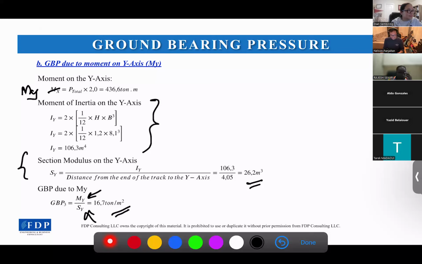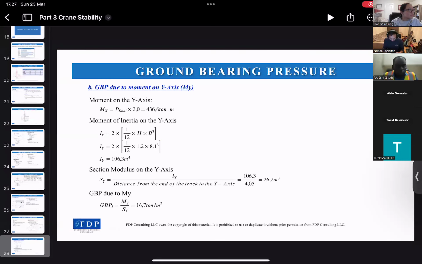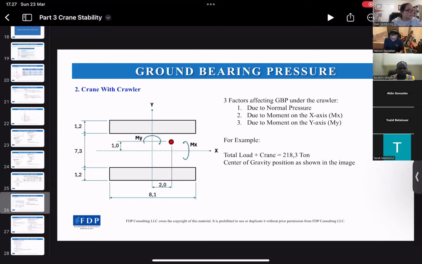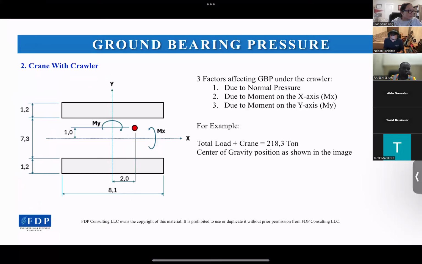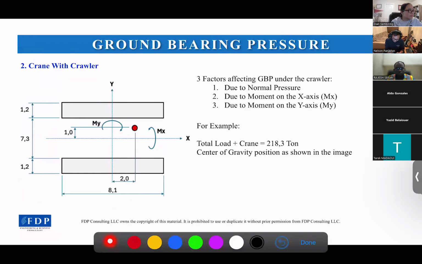Why didn't we add the A multiplied by D squared in the inertia? Because this is the inertia about the y axis. If we look here, the center of this track based on the x axis is here, so there is a distance D from the center of the track to the x axis.